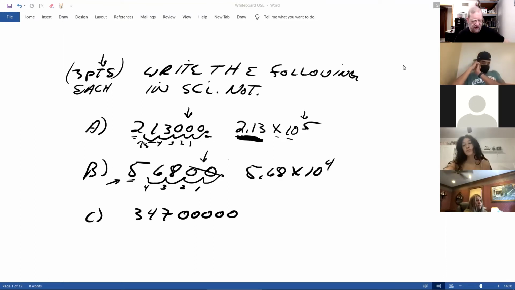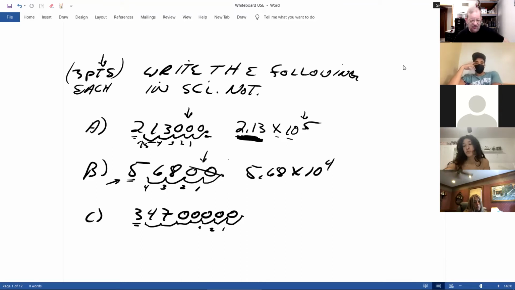How do you write this in scientific notation? You move the decimal point to the right of the first non-zero number. And if there's no decimal point, you assume there would be one at the end. So I'll move it here, 1, 2, 3, 4, 5, 6, 7.